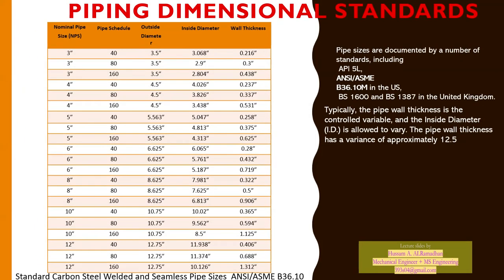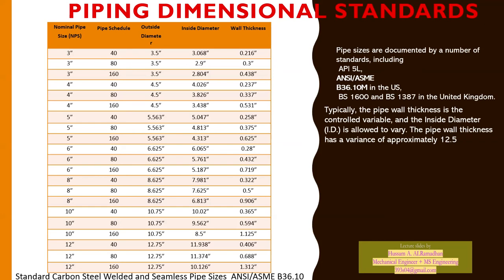Pipe dimensional standard. Pipe sizes are documented by a number of standards including API 5L, ANSI, ASME B36.10M in the US, and BS 1600 and BS 1387 in the United Kingdom. Typically, the pipe wall thickness is the controlled variable and the inside diameter ID is allowed to vary.